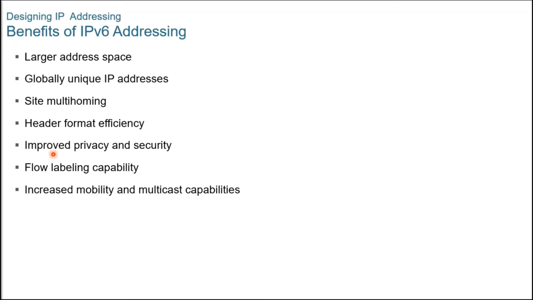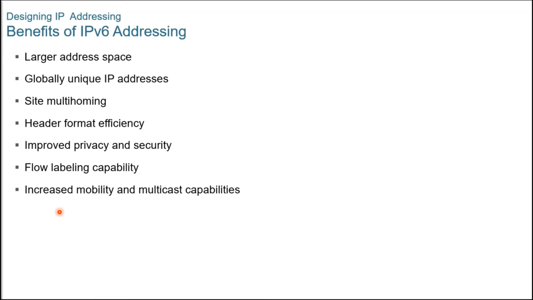IPv6 also has optional security headers. Next would be flow labeling capability. A new capability enables the labeling of packets belonging to particular traffic flows for which the sender requests special handling, such as non-default quality of service, or QoS, or real-time service.